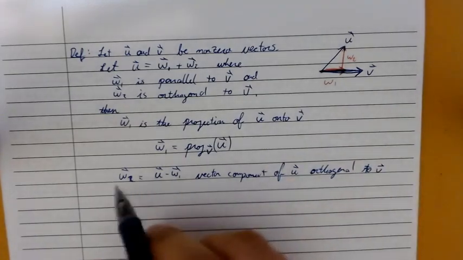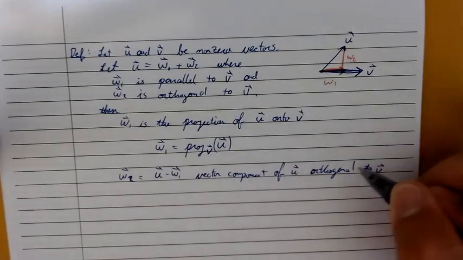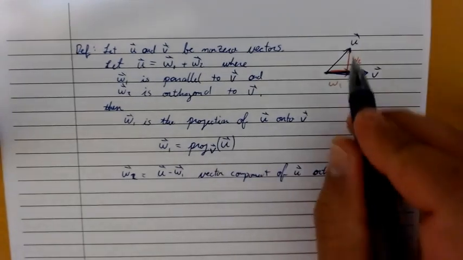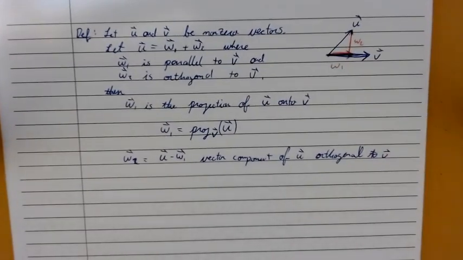We don't use this one too often. The projection is the one that we're most interested in for most applications in this course. However, these two are defined at the same time, so we do put them together.